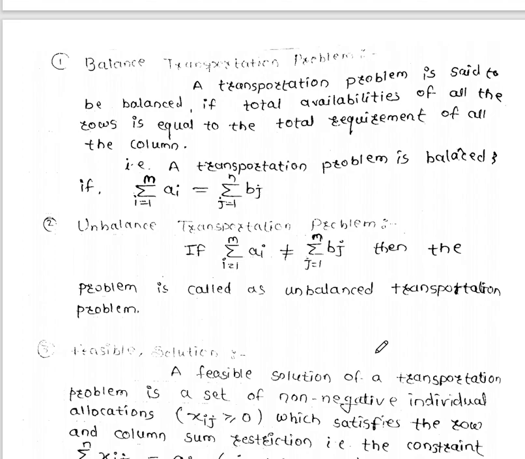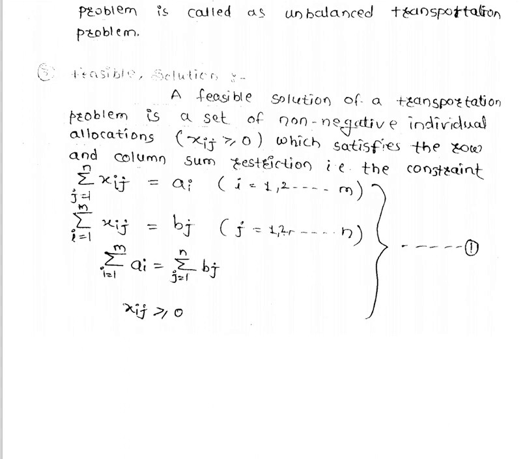Okay. The next definition is feasible solution. What do you mean by feasible solution? A feasible solution of a transportation problem is a set of non-negative individual allocations, denoted by xij, always greater than or equal to 0, which satisfies the row and column sum restrictions, that is, the constraints.